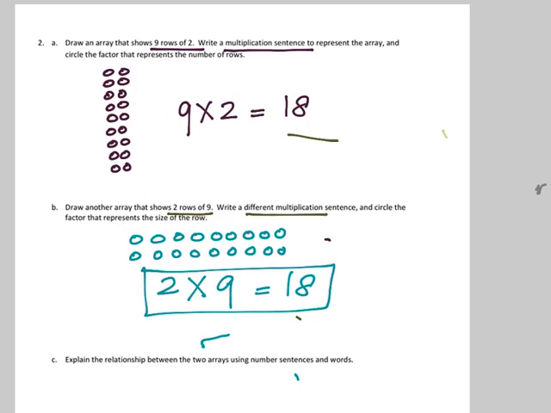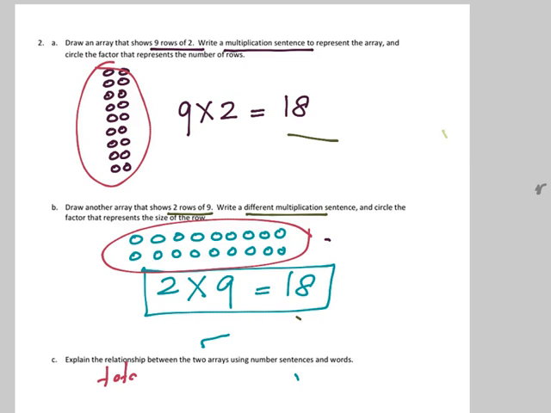So if you see both the arrays, the total is the same. What is the same? Total is the same.